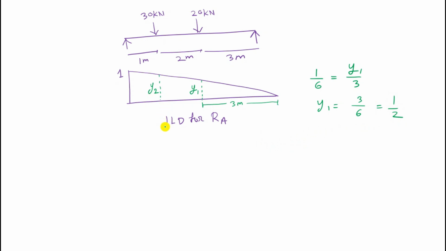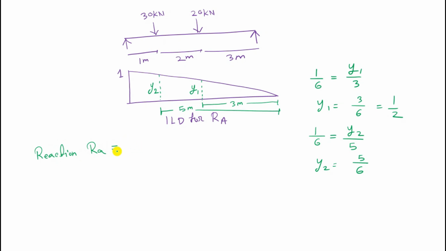and you see this distance is 5 meter. This is 5 meter, so we can write 1 by 6 equals Y2 divided by 5. So Y2 equals 5 by 6. So reaction RA equals W1 Y1 plus W2 Y2.